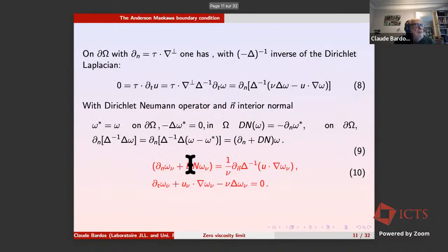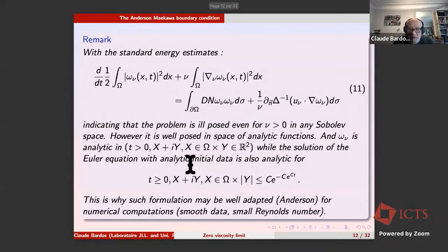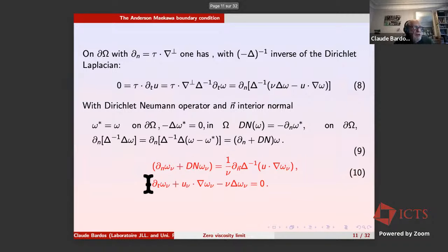So what is Maekawa? You have the equation on the boundary, which is in 2D a very nice parabolic equation. It's a very nice parabolic equation, non-linear, but there's no more pressure. But then the boundary condition is at stake. Now, how do you get the boundary condition?